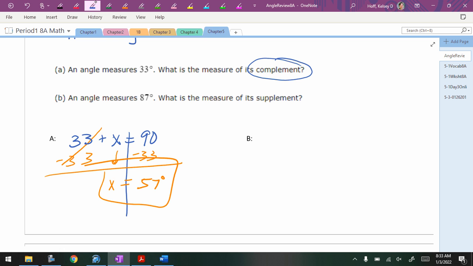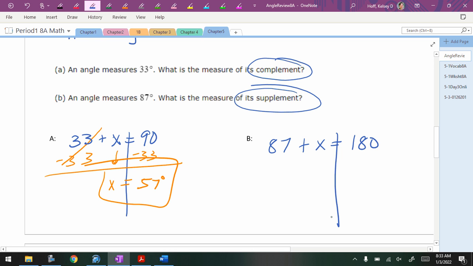Part B. An angle measures 87 degrees. What is the measure of its supplement? Supplementary, add to equal 180. So we say 87 plus x equals 180. To get x by itself, subtract 87.